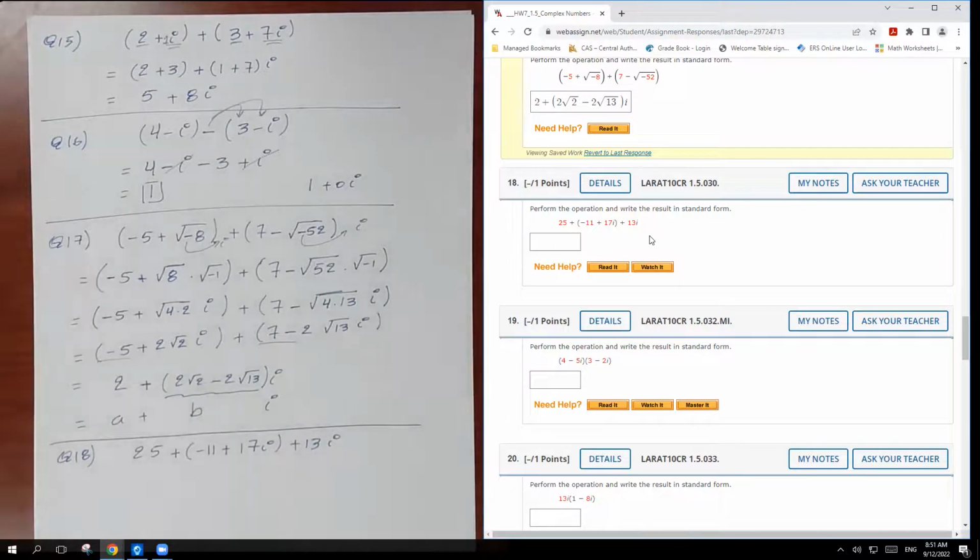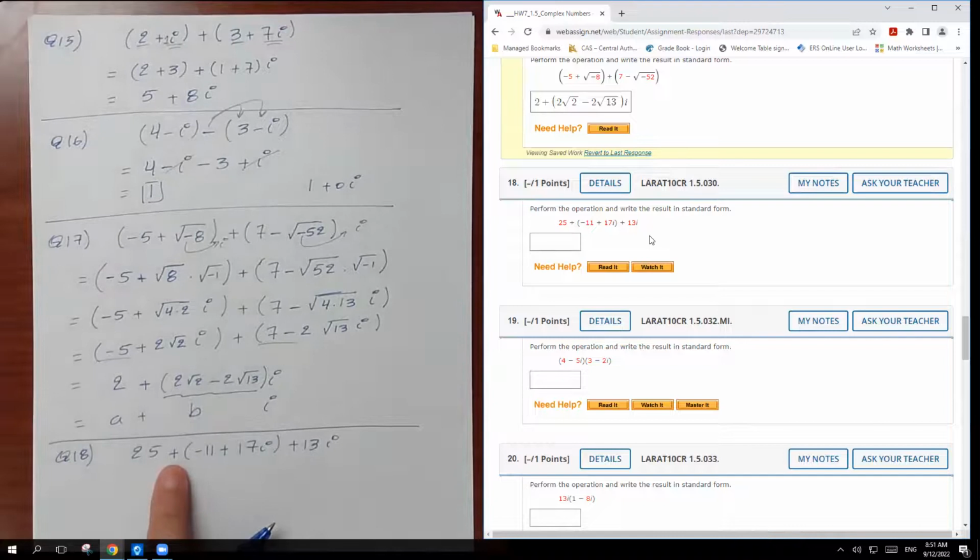So in this case, this sign is positive. That means we're just going to add the real part and the imaginary part.